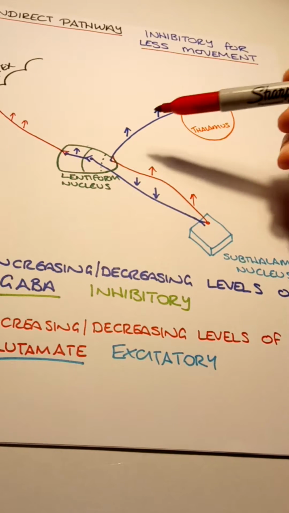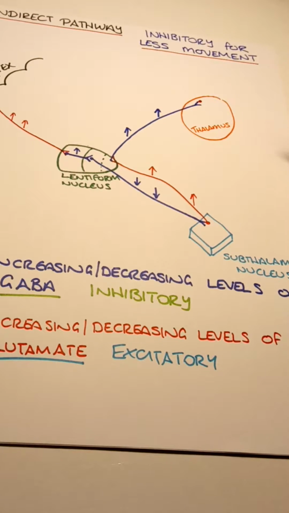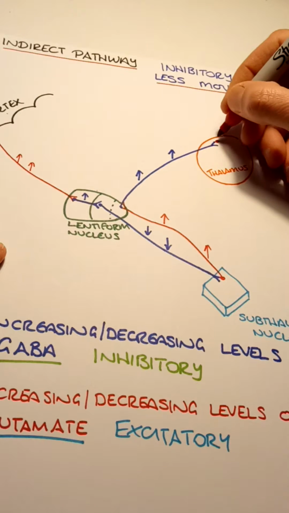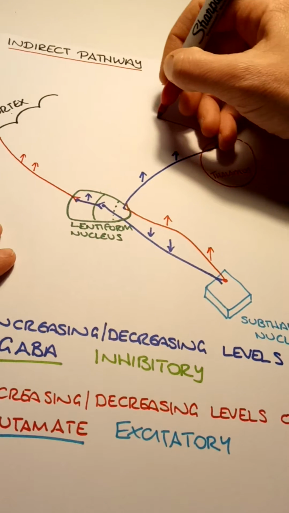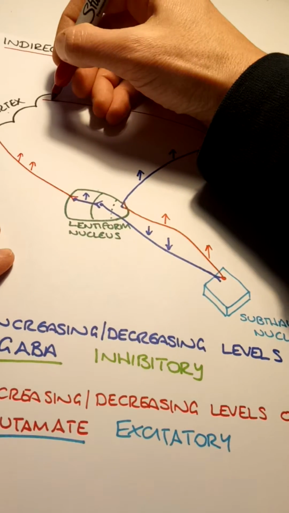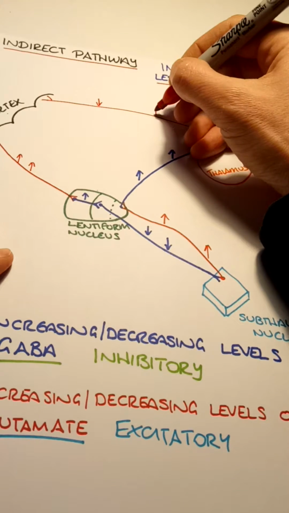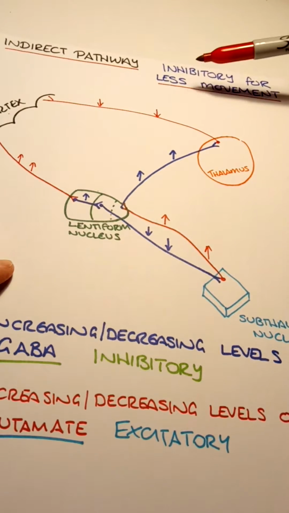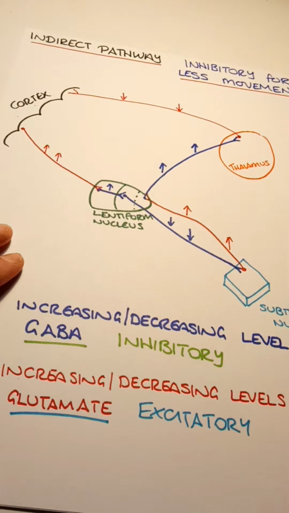So we're going to increase our inhibitory neurotransmitter, which means the next neuron, which is an excitatory one, will be releasing less glutamate, less excitation, less movement. So that is sending less movement to the cortex.